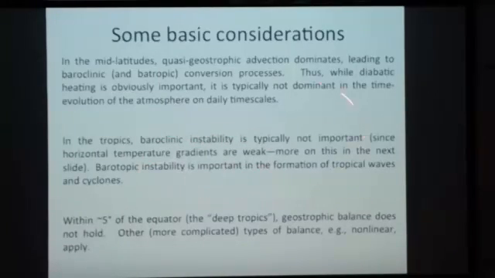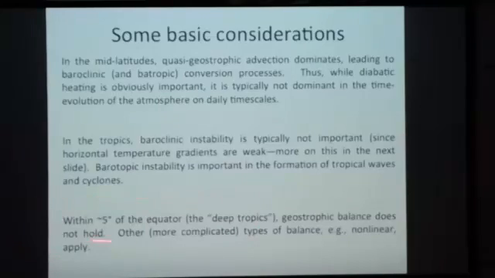And so the upshot of that is that these other processes, diabatic heating processes, are more important, relatively speaking, in the tropics. And that makes the problem harder in a sense because we don't have that sort of descriptive understanding like we do in the mid-latitudes.